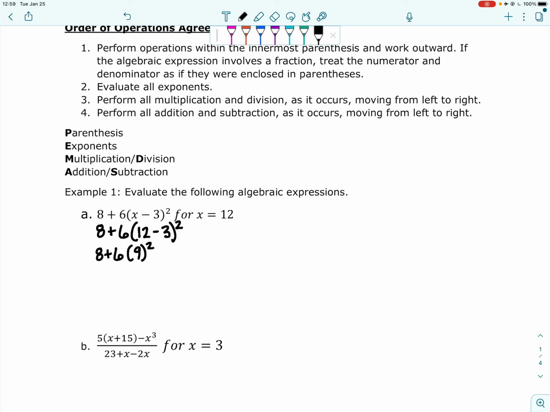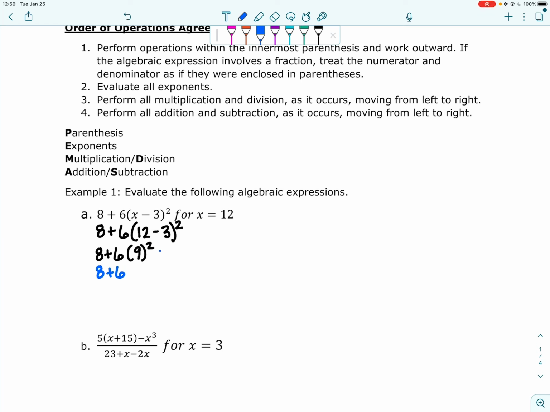If we wanted the 6 to be part of the exponent, it would have another set of parentheses around it like this, but it doesn't. So the exponent is only on the 9. So 8 plus 6, and then 9 squared.